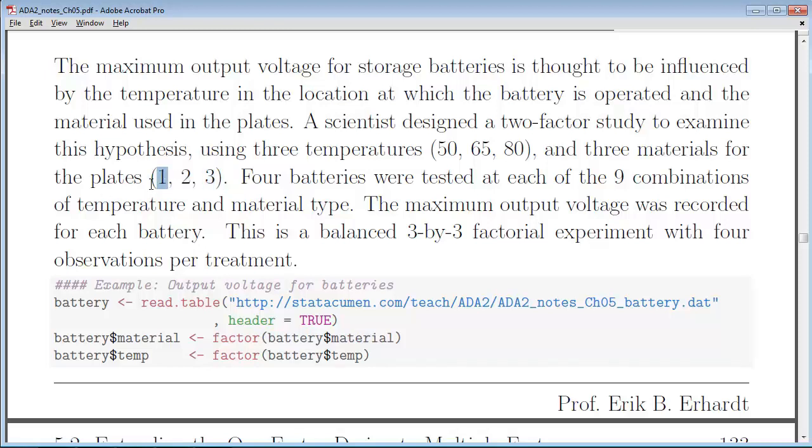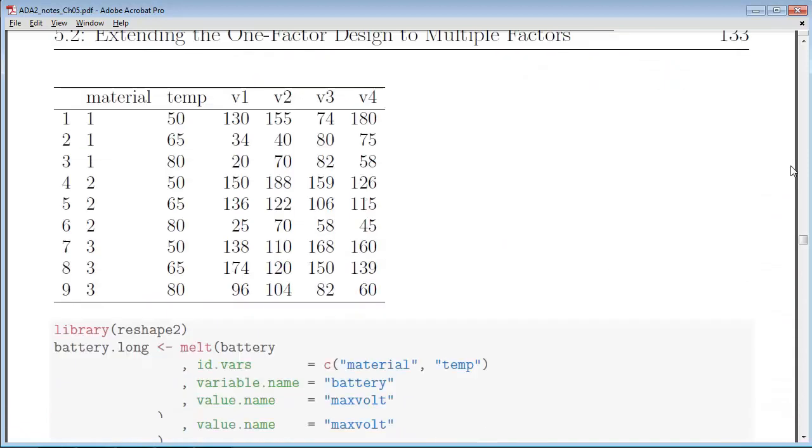But materials don't work that way. Temperatures, we have a choice here about whether we want to consider them as individual levels or we want to treat them numerically, so that each of these are 15 degrees away from the next one. We'll find in a moment, once we plot the data, that that would be a poor choice and that factor levels are a better choice.